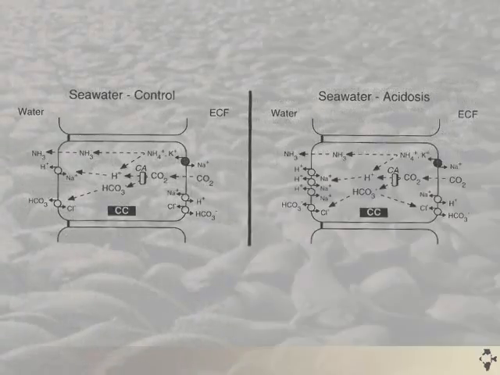Now we have another figure here showing essentially the exact same processes occurring for acid-base balance in seawater adapted fish. So you can see that we still have the hydrogen sodium pumps that are active, and we are exchanging hydrogen ions for sodium ions. Now in this case, these are the open co-transporters of the chloride cell.